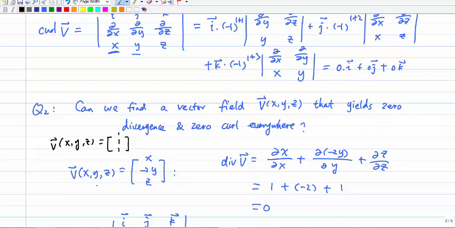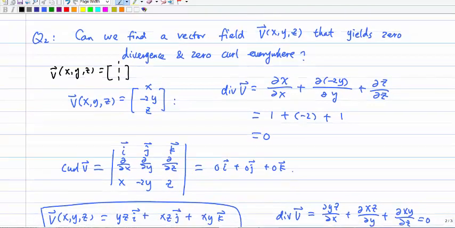For example, if v is x, 2y, z... the divergence is just partial of the first entry over partial x, plus partial of the second entry over partial y, plus partial of the last over partial z. So this gives us 0. For the curl, which is again the determinant of the 3 by 3 matrix, the first row is i, j, k, the second row is partial over partial x, y, z, and the last row is the three components.